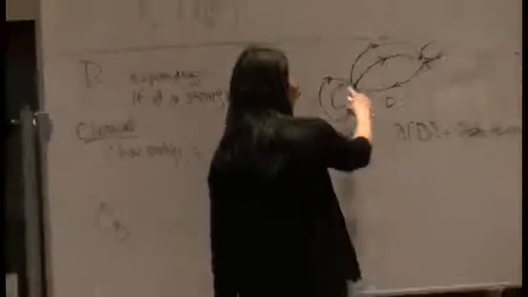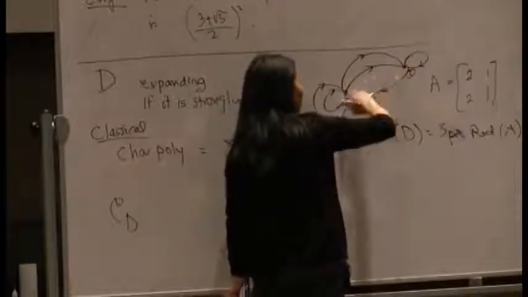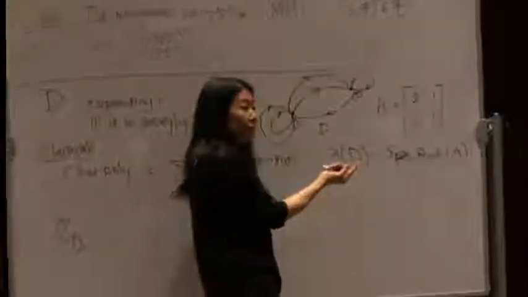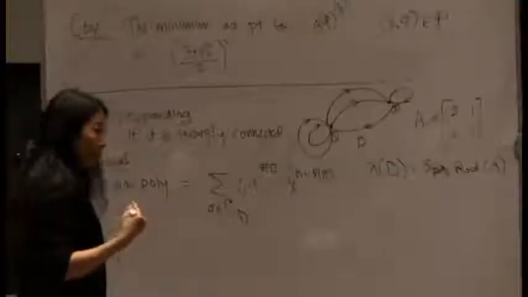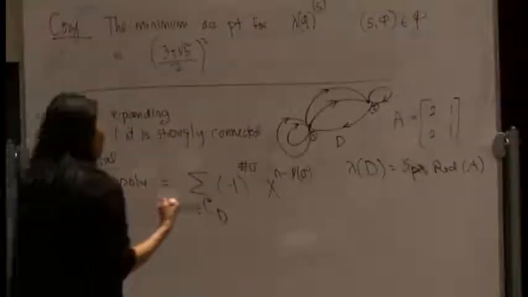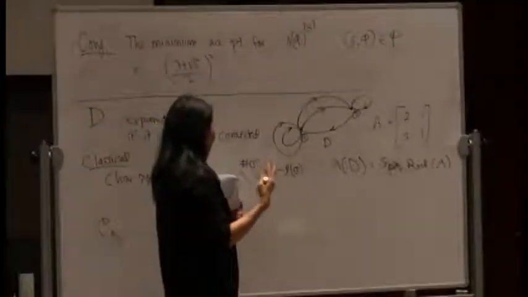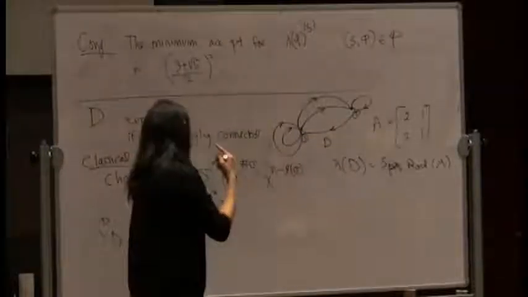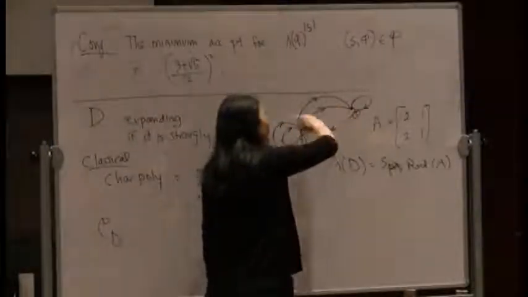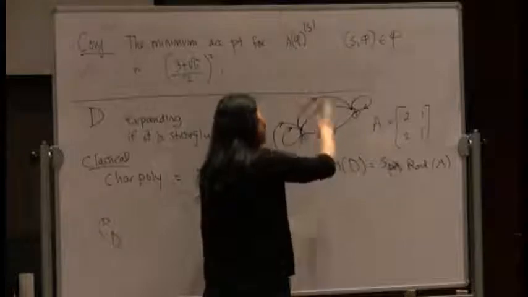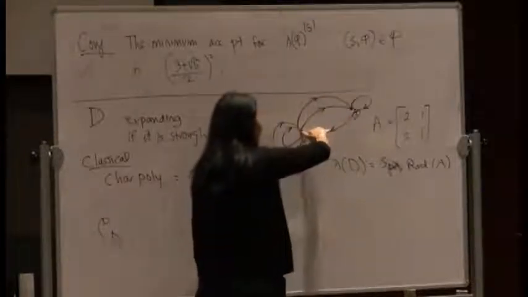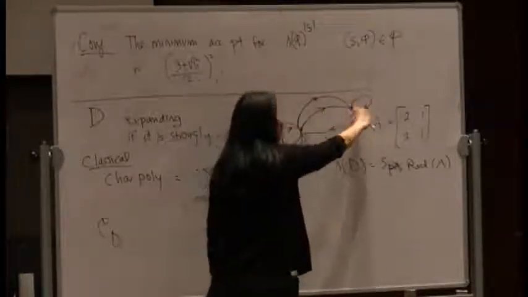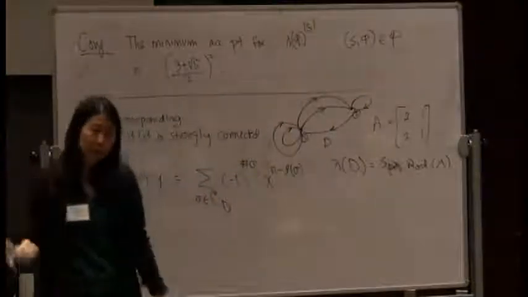A cycle is a loop on the graph that doesn't pass over any vertex more than once. That's a connected cycle, but you could also have loops like this which don't intersect, so you could have more than one component.